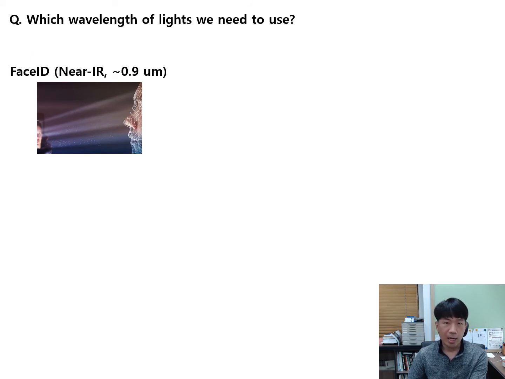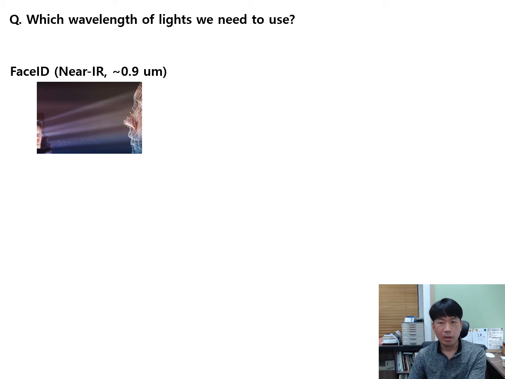And I'd like to highlight that the usefulness of this course is not limited to these examples. For example, if you have a question on which wavelength of light we need to use for Face ID, then the answer is around 5.9 micrometers. That is a near-infrared electromagnetic wave.